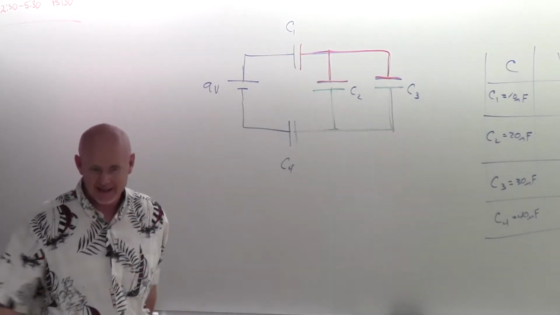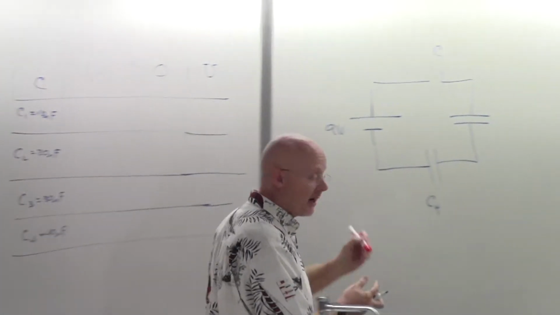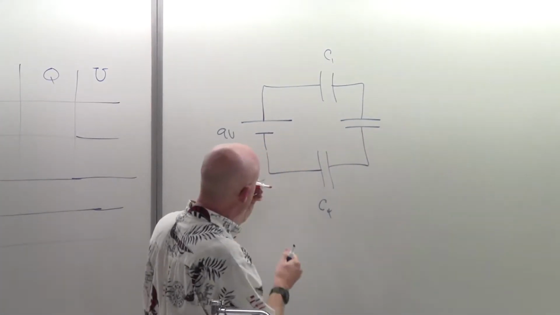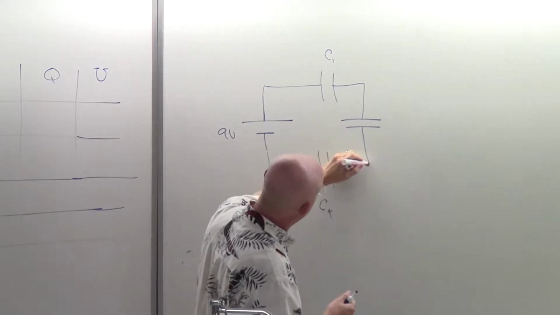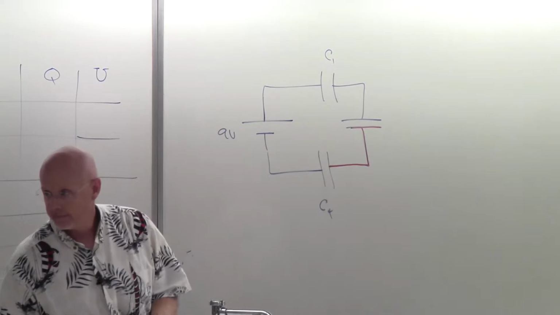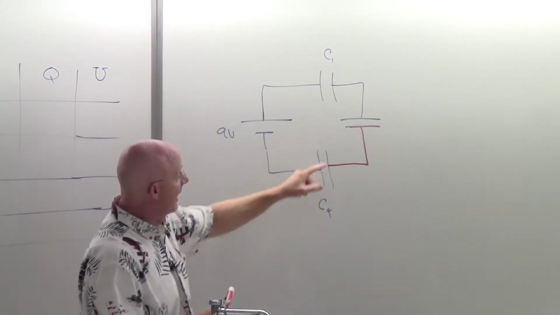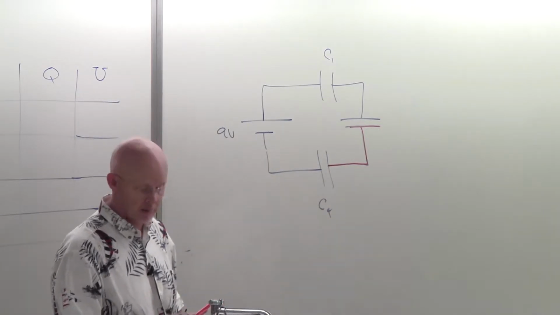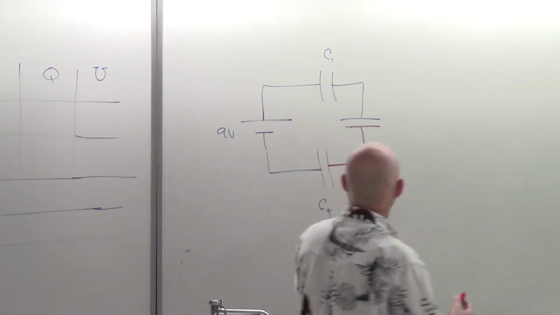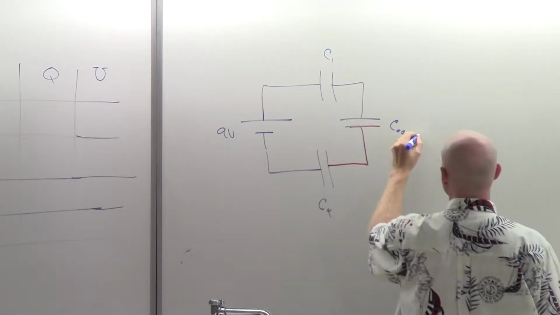What does that look like? Right, and so if I were drawing some lines here, I could say that all of the electrons that come off of this plate have no place else to go but to that plate. And that's what we meant by series. So C4 and this equivalent one. Maybe I'll label it as the equivalent of 2 and 3.